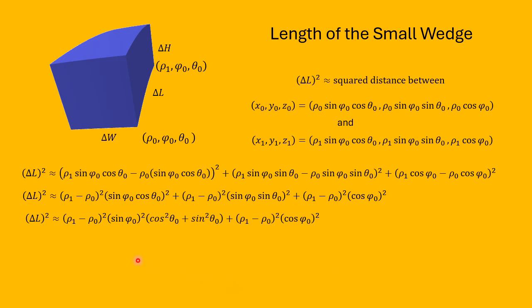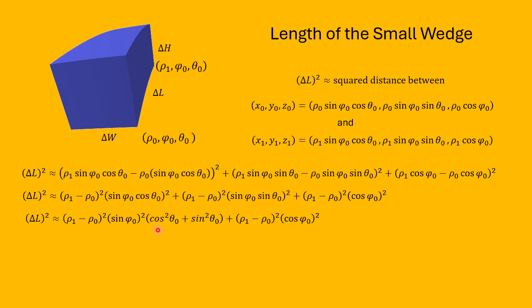So now let's see what we had here. We have, I guess, some combining of terms, don't we? We have (ρ₁ − ρ₀) squared, which is this stuff right here. We also have a sin² φ₀, which is right here. And then, if you look at this next term, we have this same factor. We still have that sin φ₀. And so the only difference is the cosine and sine of θ₀ here, isn't it?